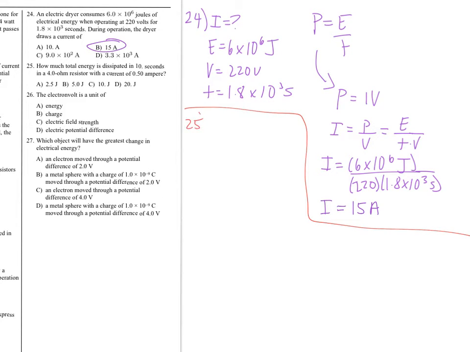25. How much total energy is dissipated in 10 seconds in a 4 ohm resistor with a current of 0.5 amps? Okay.